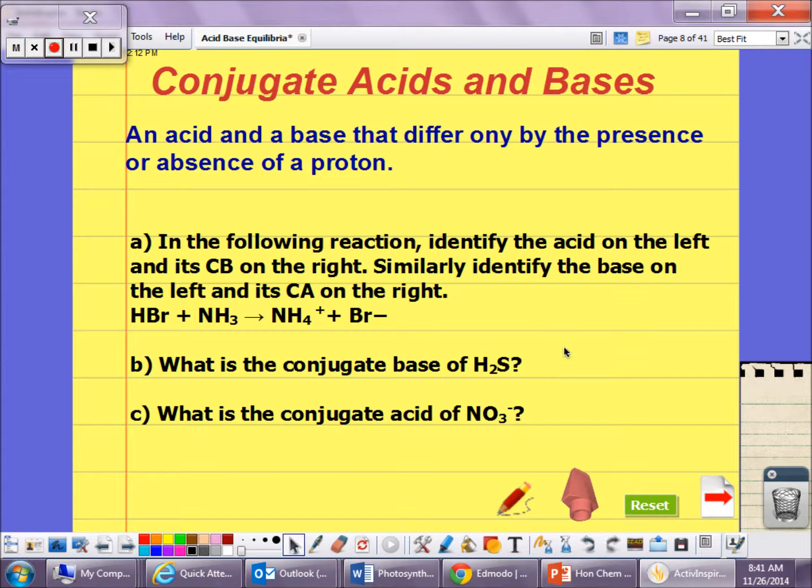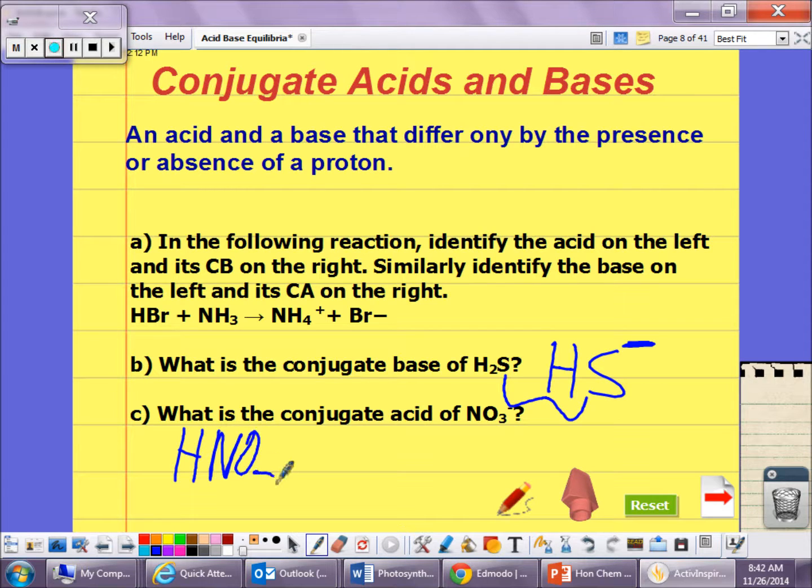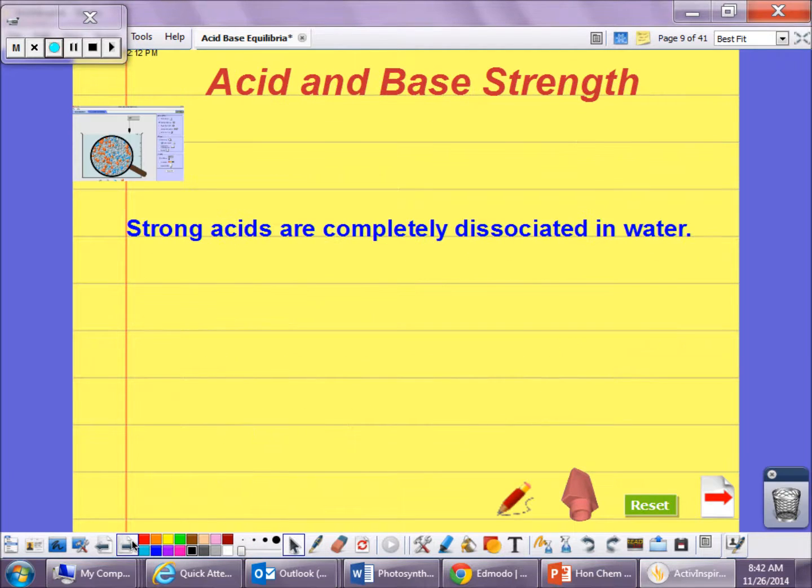So it is HS minus, because I take a positive charge, H plus, and it becomes negative. HS minus is the conjugate base, missing one hydrogen. What is the conjugate acid of NH3 minus? I just add a hydrogen and this is the conjugate acid. Conjugate, the only difference is a hydrogen ion.